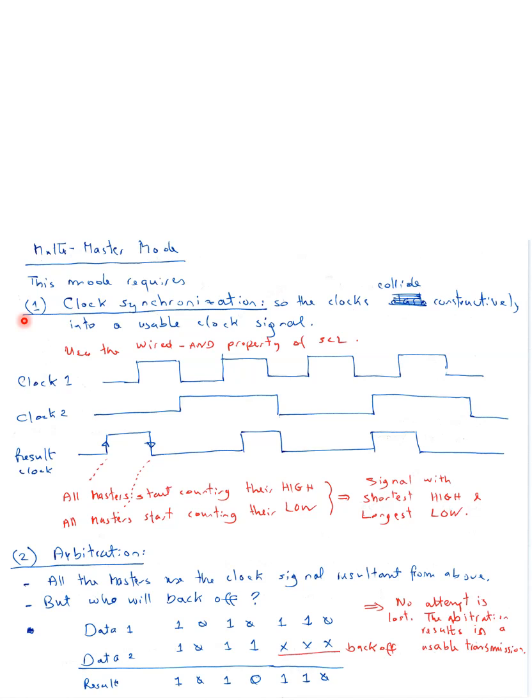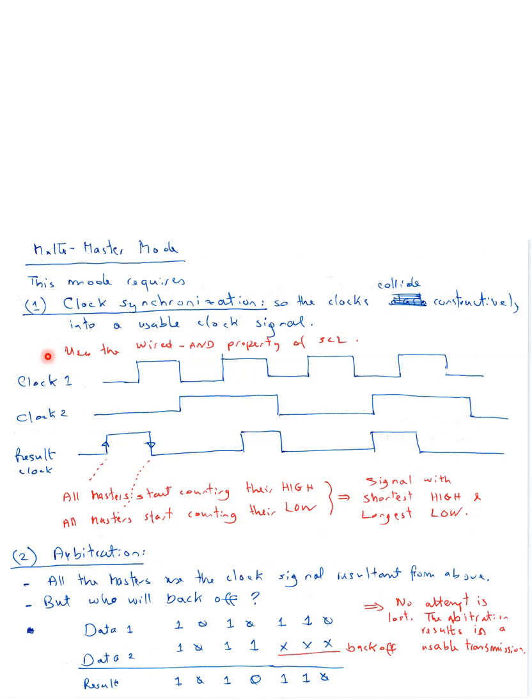The first scheme is called clock synchronization. Multiple masters are gonna try to drive the clock line simultaneously. What's gonna happen when these two clock signals clash? It turns out they're gonna collide constructively into a usable signal, and this relies on the wired-AND property of the I2C lines.